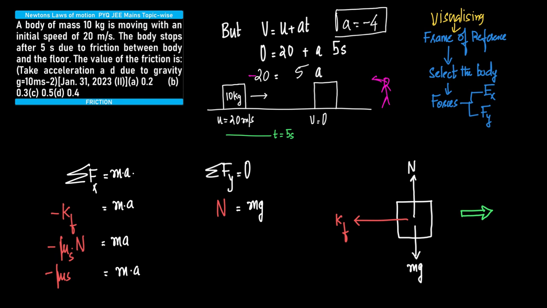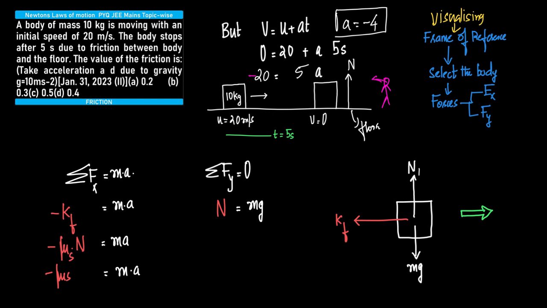Now let us go to selecting the body, which is this body. So we have the body here, and draw the various forces acting on it. The first force would be the force of gravitation, which would result in weight mg acting downwards. Since the body is exerting a force downwards, being in contact with the floor, the body will receive an opposite force from the floor, which we call normal reaction.